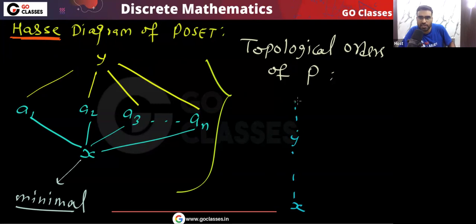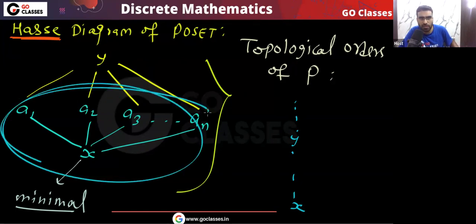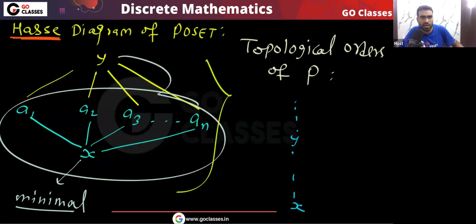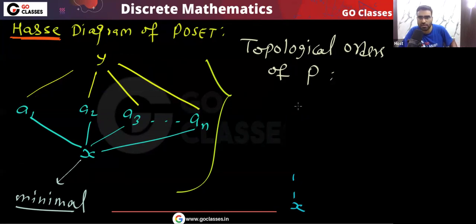No, because Y must come at last. You can see all of them are related to Y, so Y should come at last. I'm finding the topological order, so first X will come, and at last Y will come.